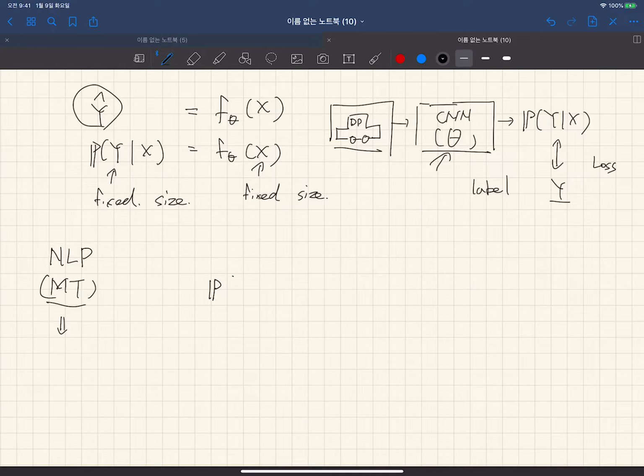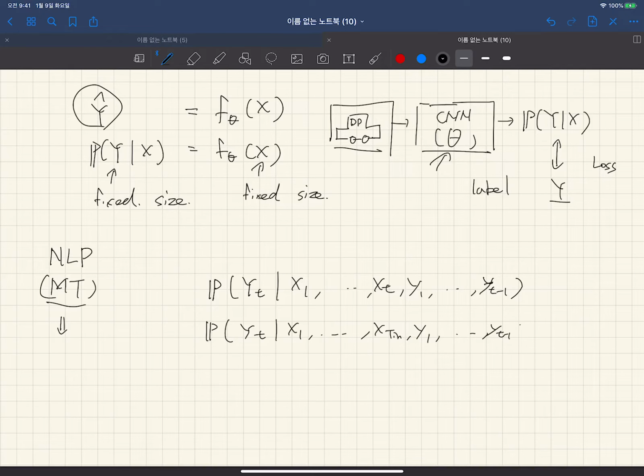We have to predict something like yt from the given input x1 through xt, and the output y1 through yt minus 1 can be utilized as well. Or you have to design some conditional distribution network which predicts yt from x1 through xT and y1 through yt minus 1.